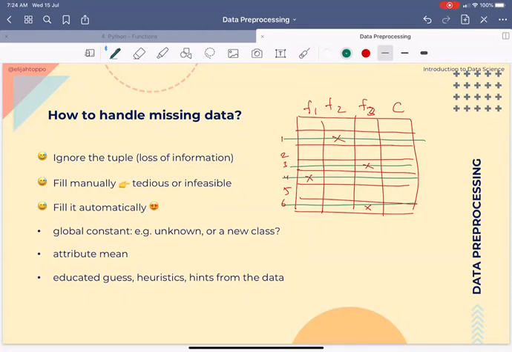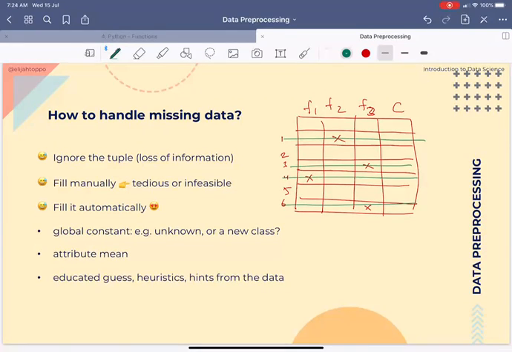If I have thousands and thousands of rows, and I skip a few hundred, a few 500s, it will not matter to me because I have other relevant data that will help me give information about the physical system. But when you have less data and you ignore these tuples, it is going to harm my algorithm in terms of not having enough data. So sometimes this is a valid solution, sometimes it is not.